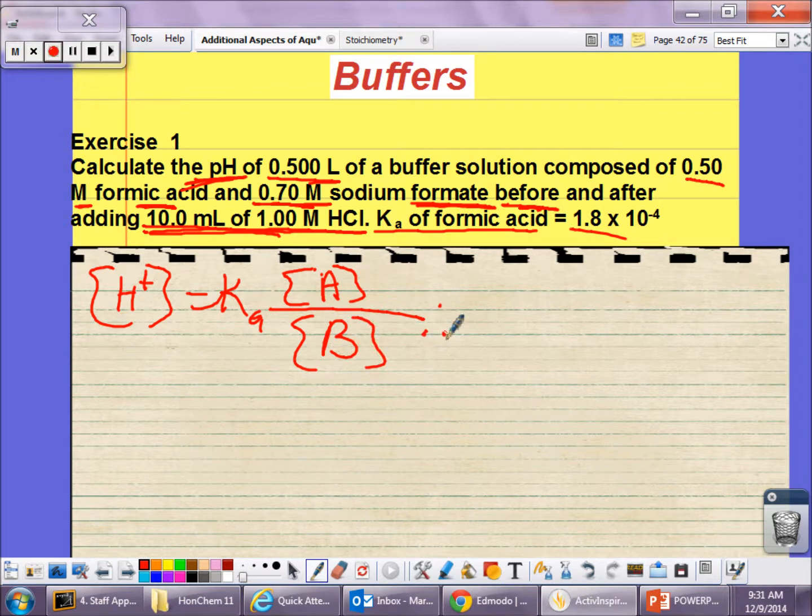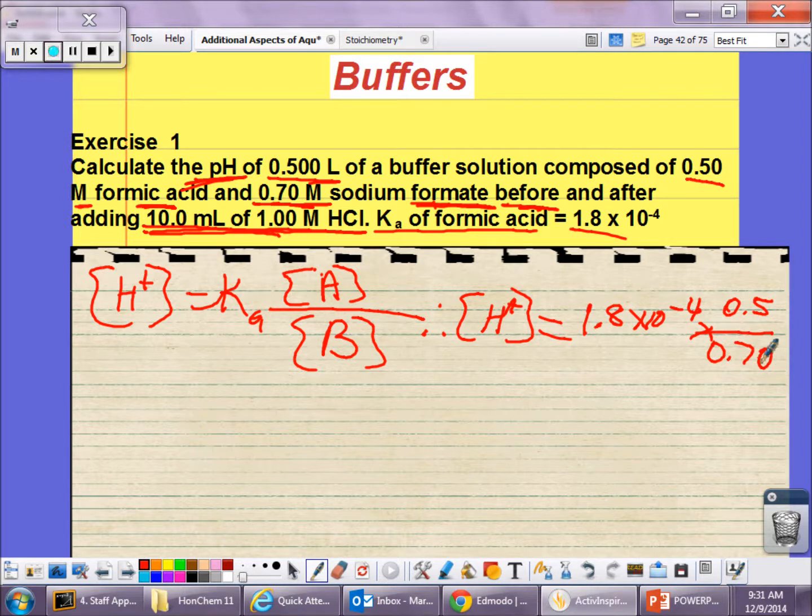Therefore, H plus equals, they gave me Ka. Ka is 1.8 times 10 to the negative 4 times the concentration of my HA, formic acid, which is 0.5, over the concentration of my base. This is the conjugate base of that weak acid. It is 0.70.